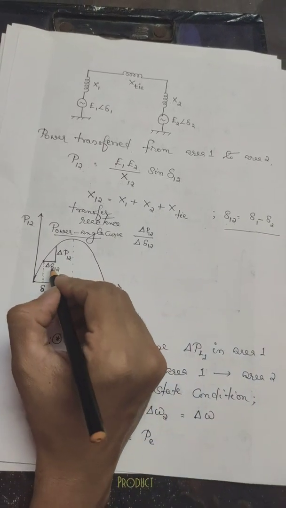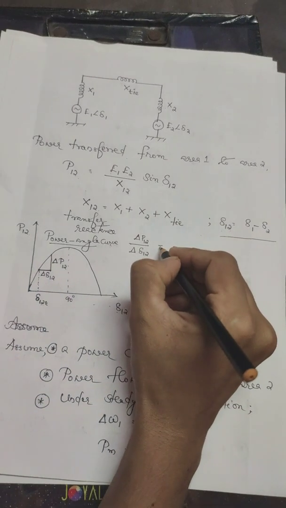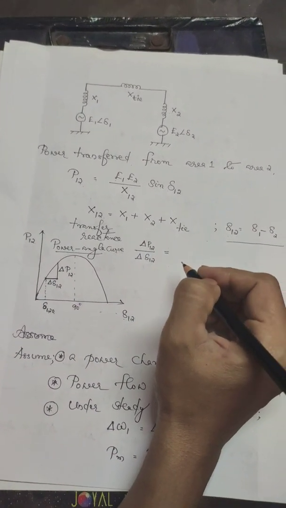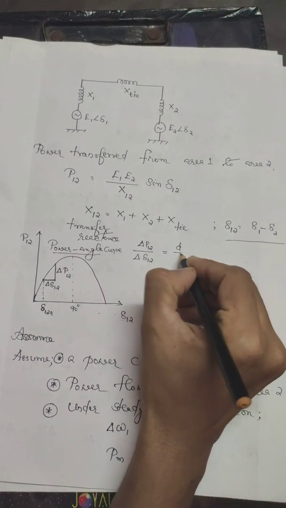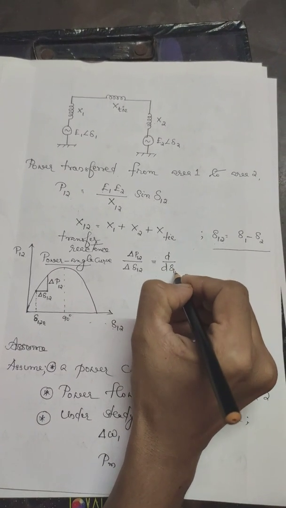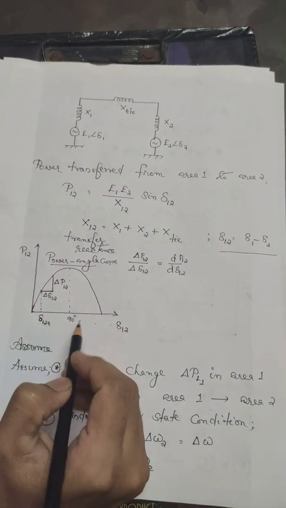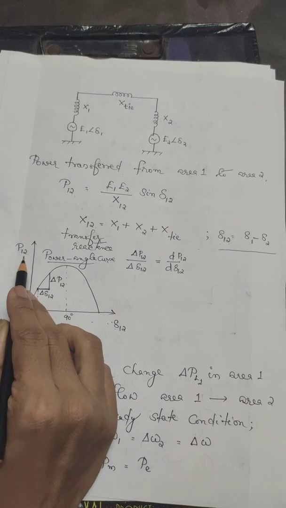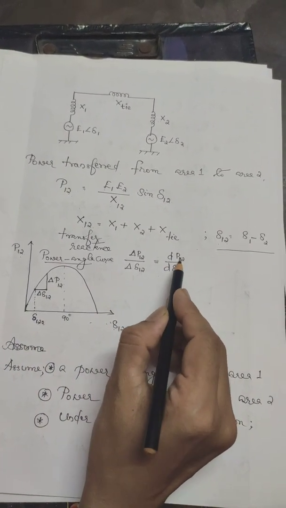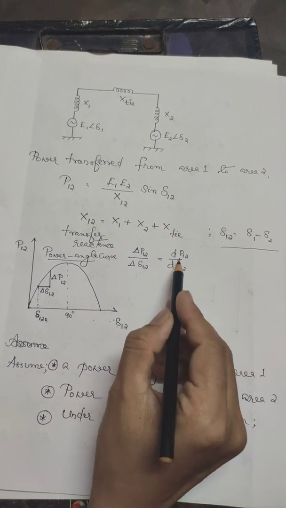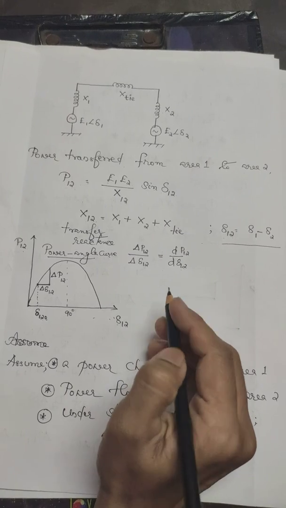So we can write the slope of a curve in another way, that is by taking the derivative of the curve with respect to the variable, that is d by d delta 12 of P12. So we already know that derivative of a function means the slope of that function with respect to its variable.